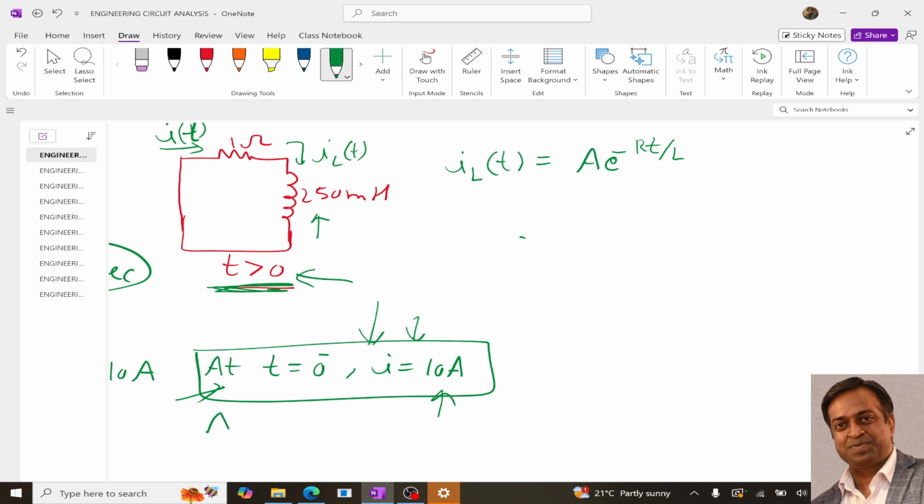So at t equals 0 the current will be 10 amperes. Substituting this value in the equation, we get 10 equals A e to the power minus R into 0 upon L, so 10 equals A.